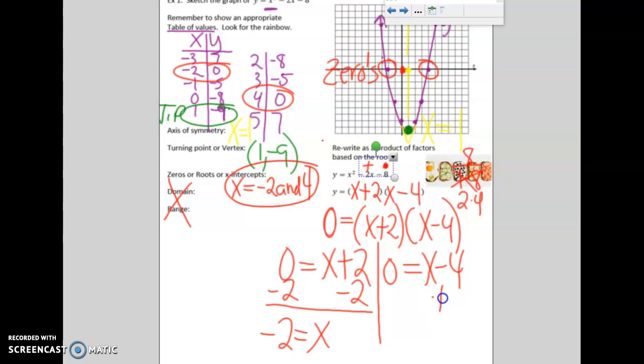And then over here, I'm going to add 4, and so 4 is equal to x. And there you have it, folks. That is the algebraic way to find 0 values, where you would factor, set each piece equal to 0, and solve for x. Or you could do it with your calculator.